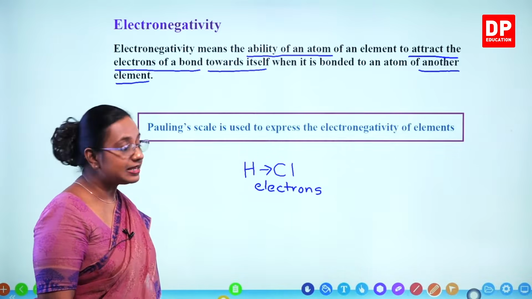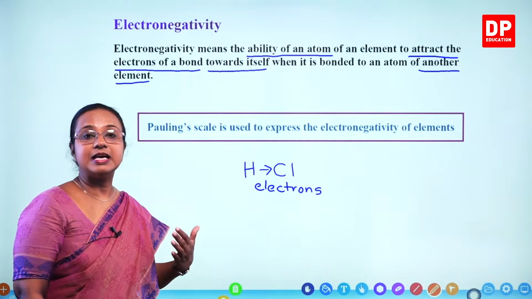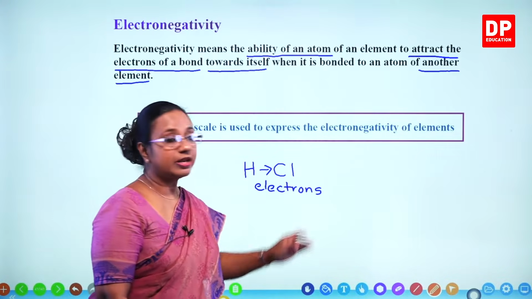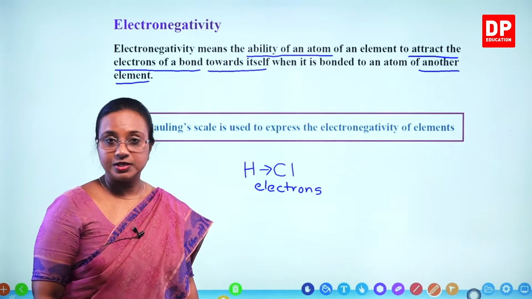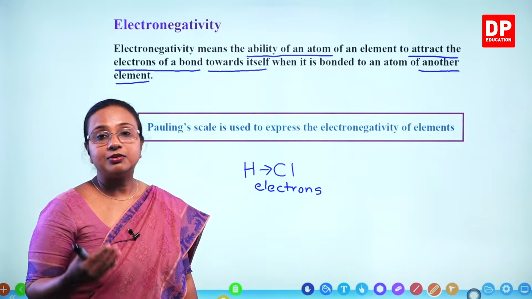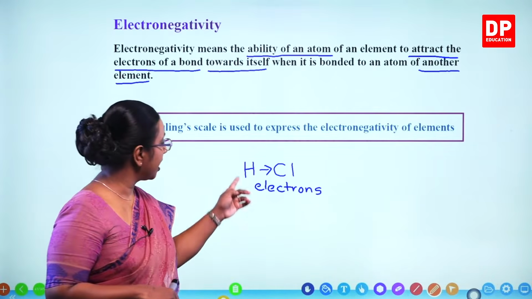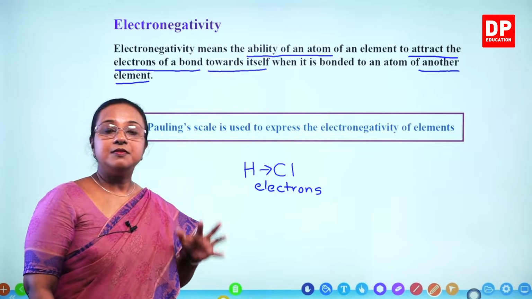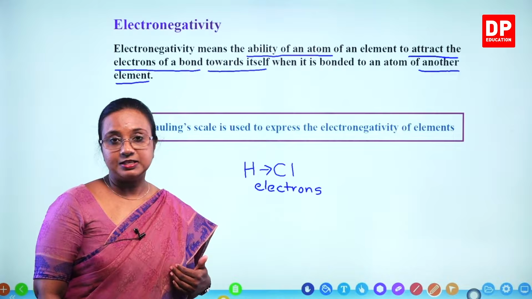Hydrogen has less tendency to attract electrons, so we say it has less electronegativity. Whereas chlorine has more tendency to attract electrons towards itself, so we say chlorine is electronegative or more electronegative compared to hydrogen.